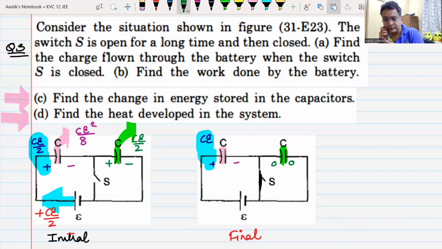CE square by 8. What is the final energy in this one?